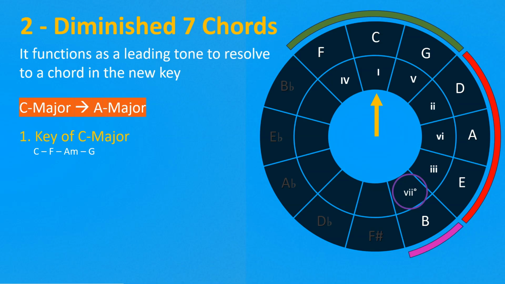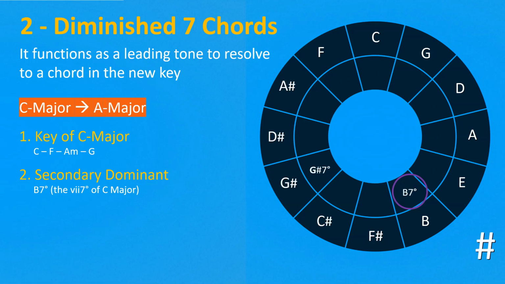This established a familiar and stable sound. Then the B7 diminished chord is introduced. This chord functions as the 7th degree of C major and can also be perceived as a transition to the new key, for instance A major. In fact, the B7 diminished has the same sound as G sharp 7 diminished.